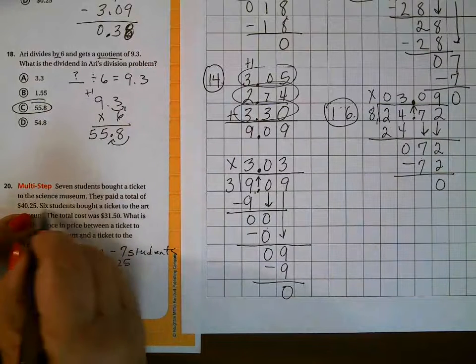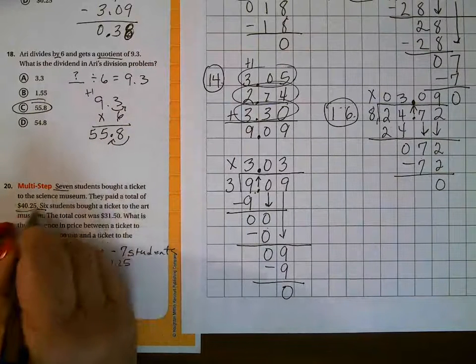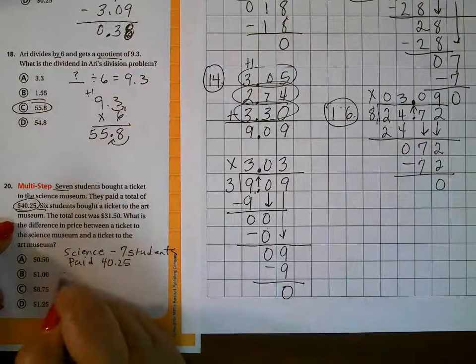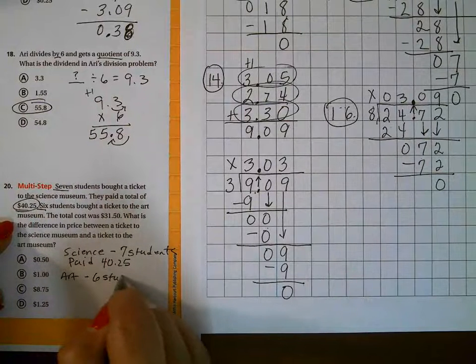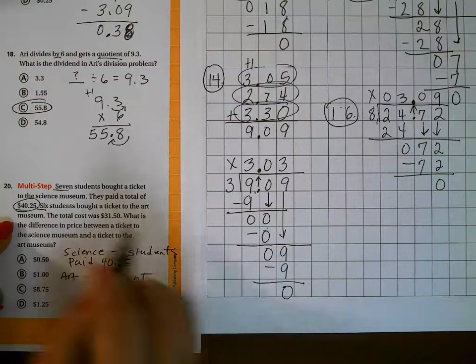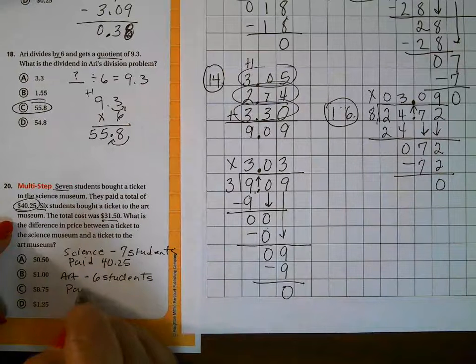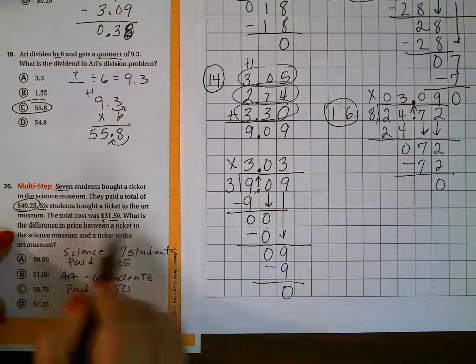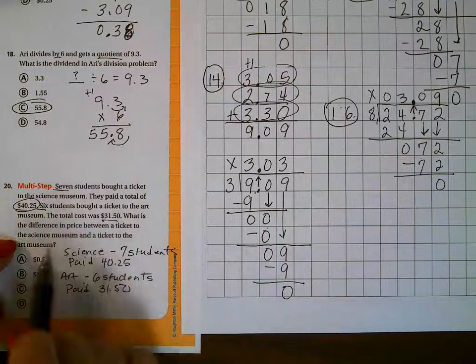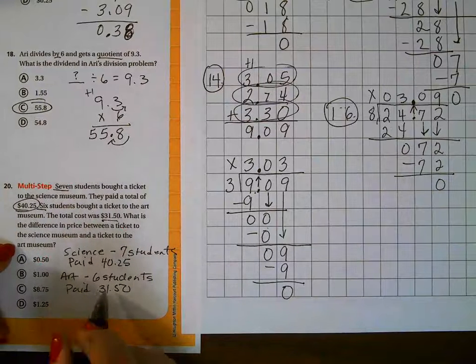Okay, 6 students bought a ticket to the art museum. So this is art. And we had 6 students. They had a total cost of $31.50. What is the difference in prices between a ticket to the science and a ticket to the art museum?